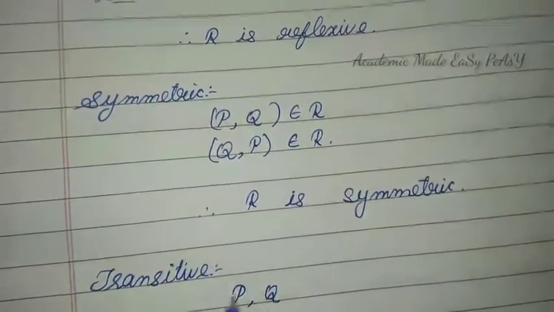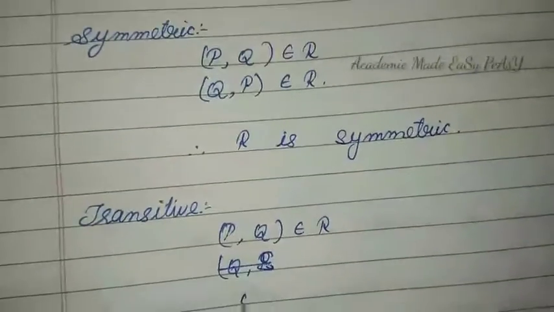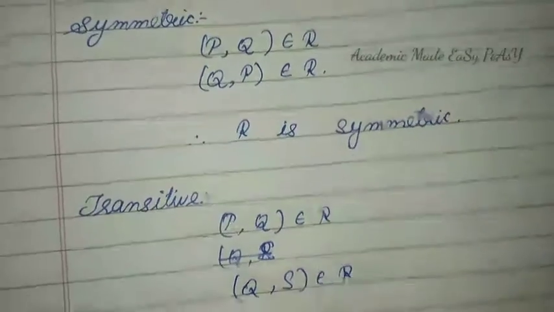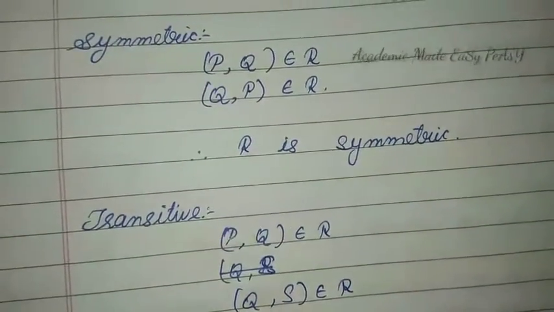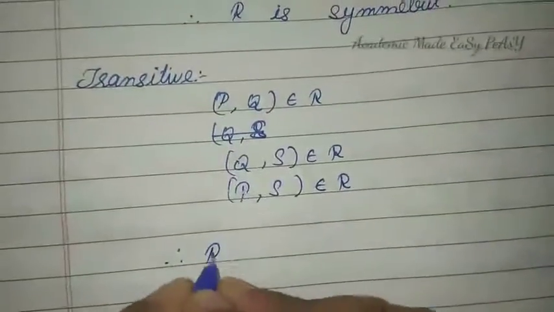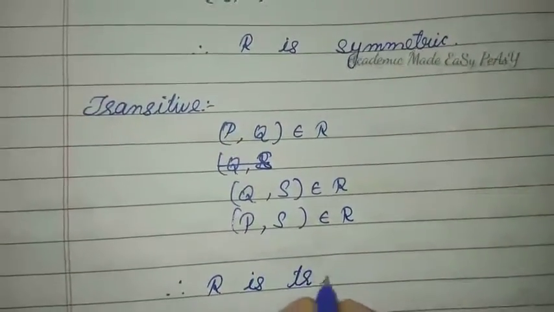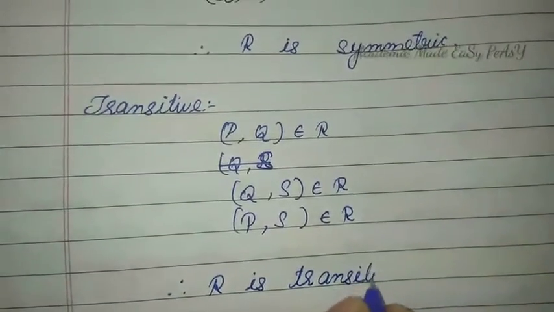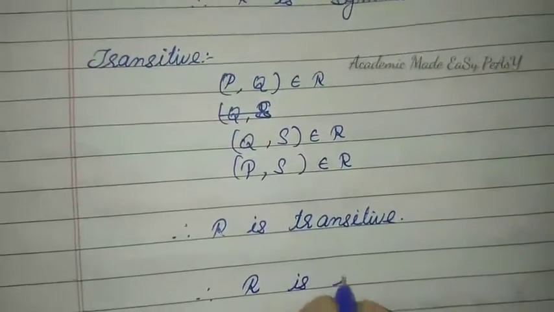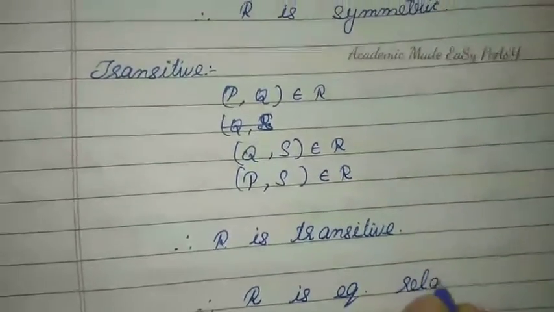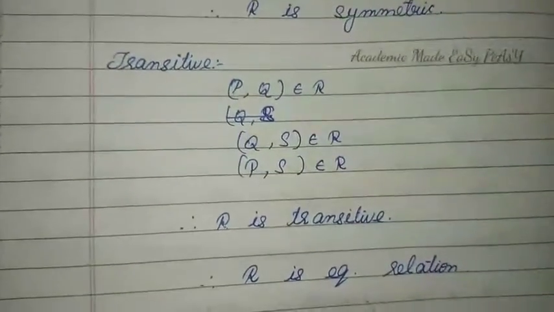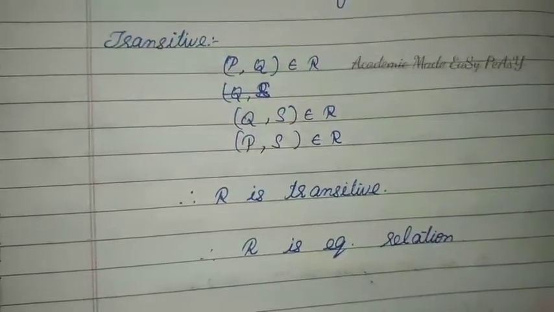(P, Q) belongs to R. Let's take (Q, S) belongs to R, because all of R is already there. So (P, S) also belongs to R, having the same distance. Therefore R is transitive. Therefore R is an equivalence relation, because it is reflexive, symmetric and transitive.